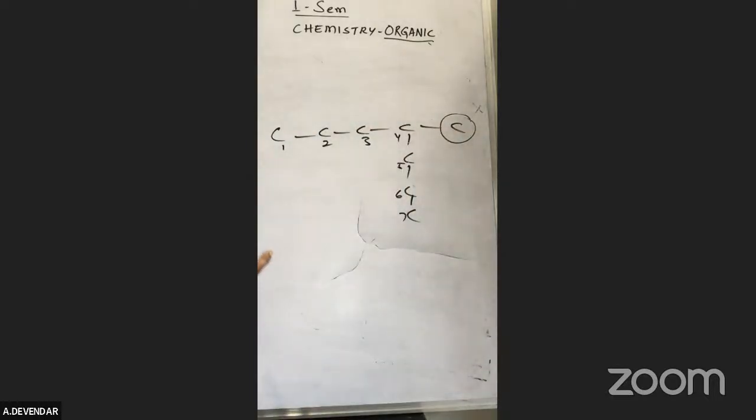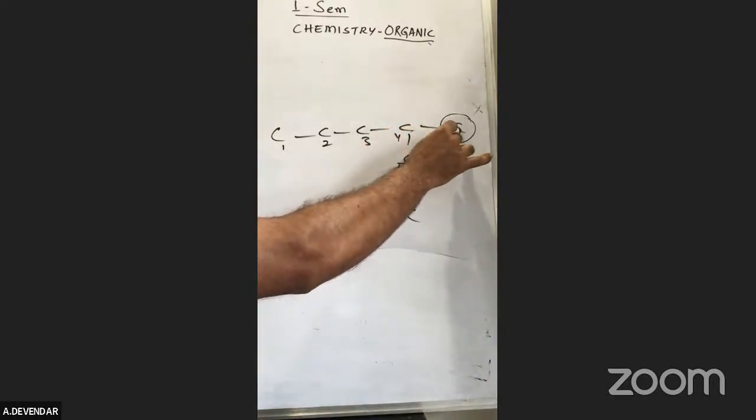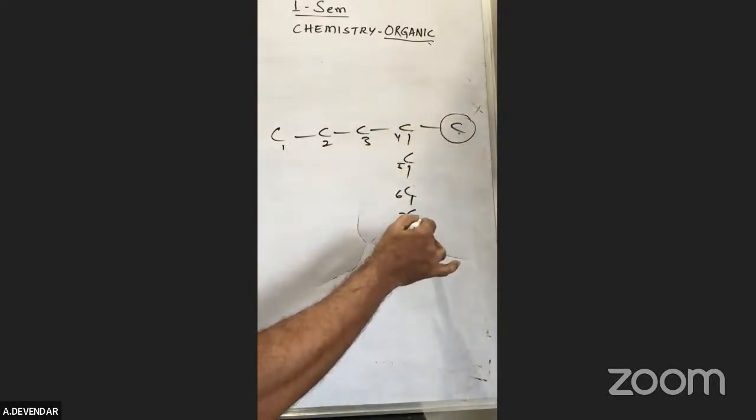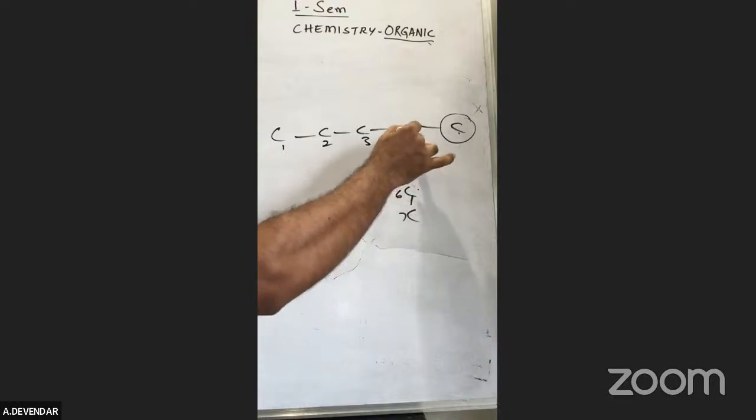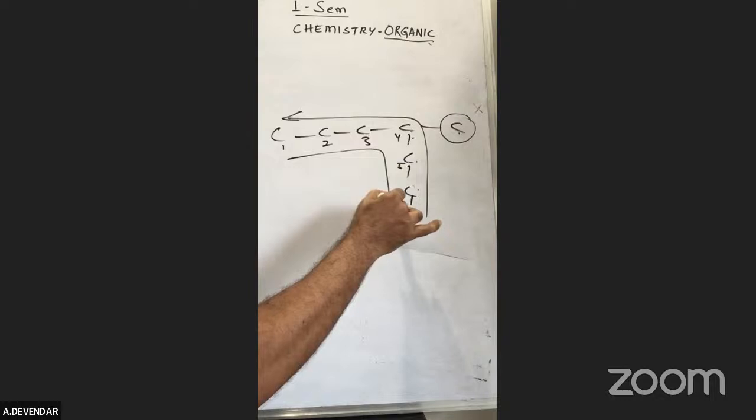So what is the second rule saying? Select the numbering in which the branch comes on the least numbered carbon atom. So here you get the 4th carbon atom with the substitution. Coming from here, 1, 2, 3, 4, here also the same. This is also correct, and like this it is also correct.